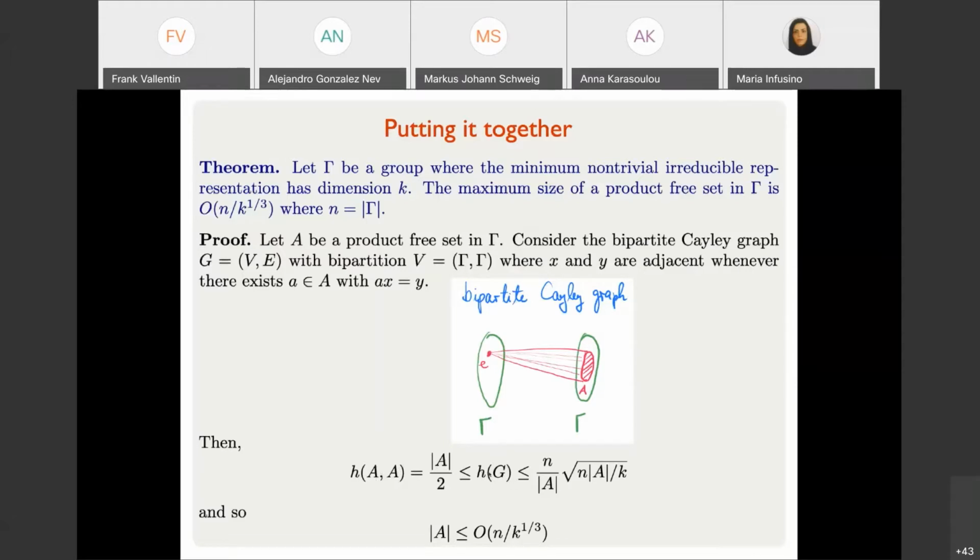And then H of G is upper bounded by what we discussed before, n divided by the regularity of the graph. And the regularity R is the cardinality of A times the square root of the second largest eigenvalue, the second largest singular value. And this was again upper bounded by the square root of what we had before. Let's go back.